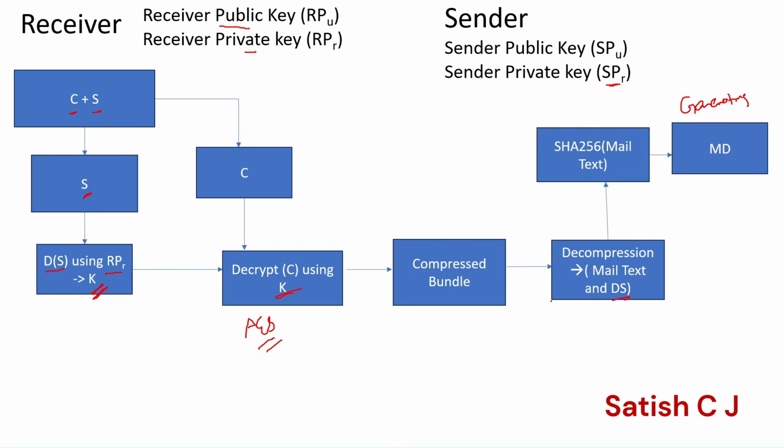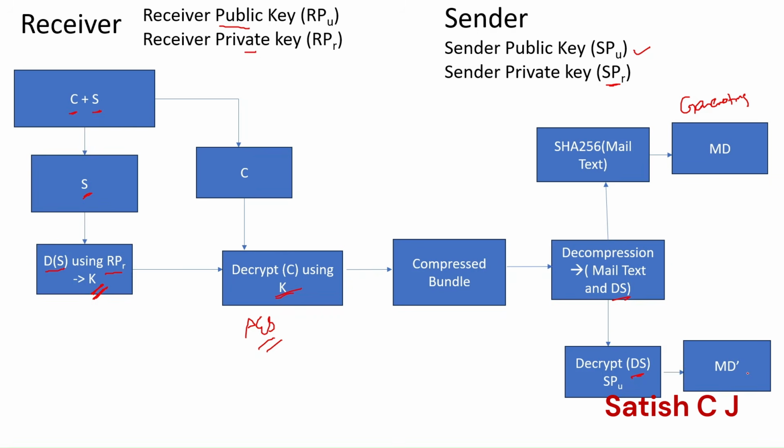What we do here is we take the digital signature and we can decrypt it using the sender's public key. The sender's public key is known to the receiver, so he can very well use the public key to decrypt or to verify the digital signature here. The decryption leads to a message digest, because this digital signature is nothing but an encrypted version of the MD using the sender's private key.